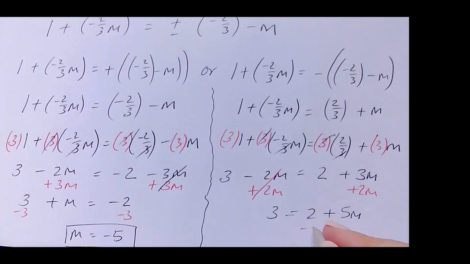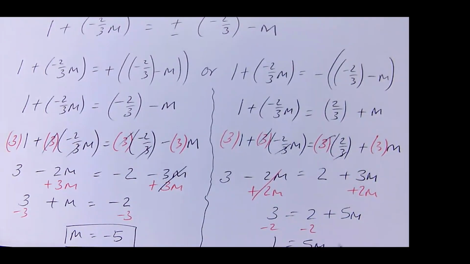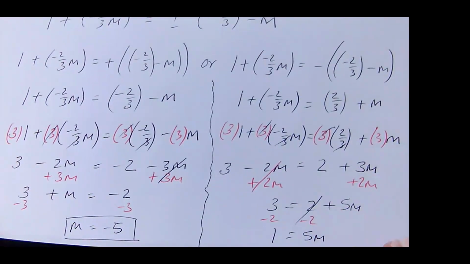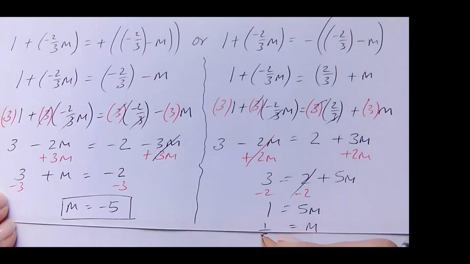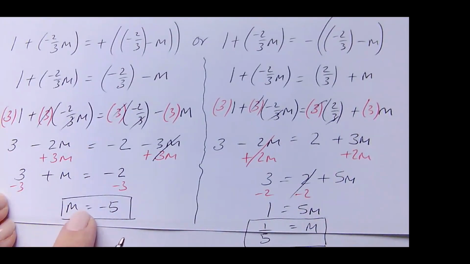And then taking away 2 from both sides, I get 1 is equal to 5M, which of course gives a slope of 1/5. So there's my two slopes, minus 5 or 1/5.